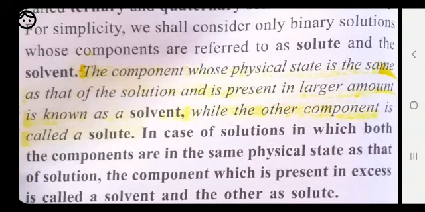Again we can take an example of a solid solution. Whenever we make an ornament of gold, we know that gold is a soft metal. That's why gold jewelry is very soft, and to give strength to the ornament there is a need to add something to it.